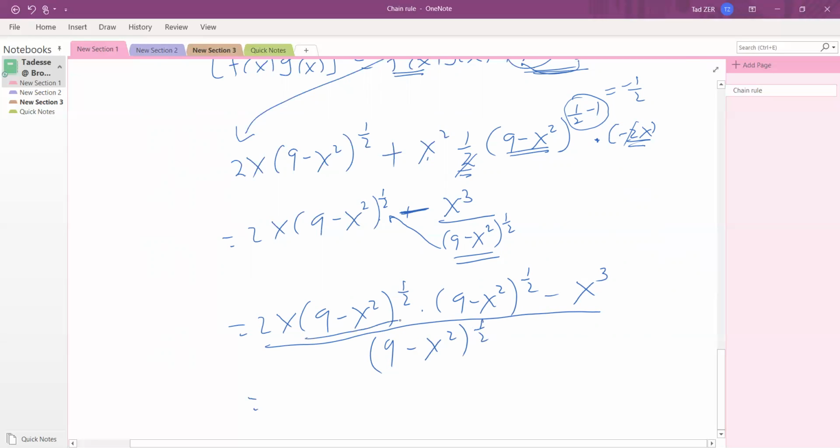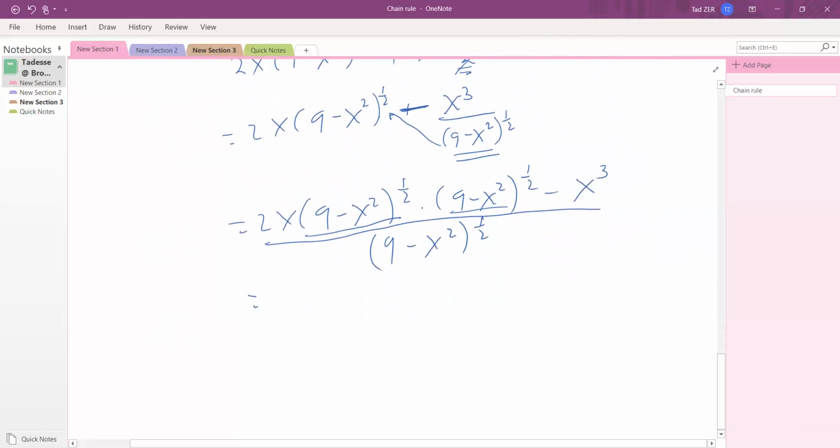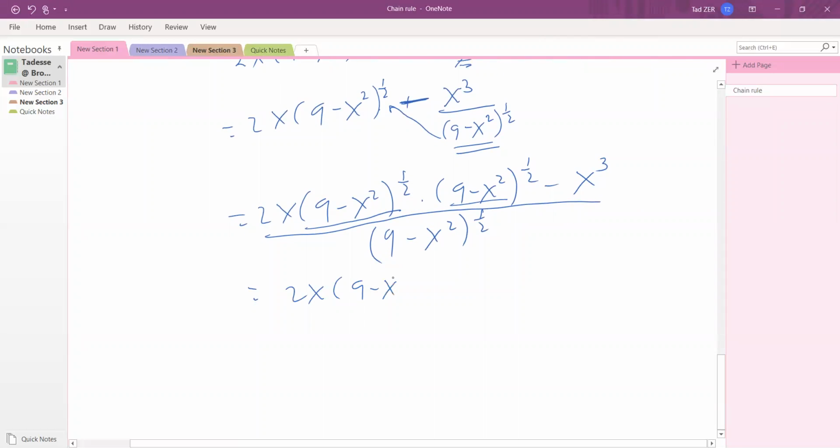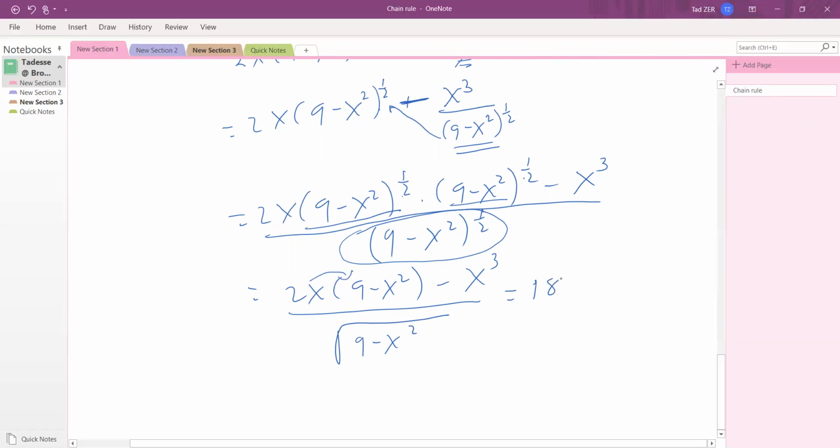So 9 minus x squared to the power of half times 9 minus x squared to the power of half becomes 9 minus x squared, because half plus half is 1, the same base and you add the exponents. Then minus x cubed, and I'm going to write this using radical notation instead of rational exponent notation. So half means radical 9 minus x squared. If you distribute this, now it becomes 18x minus 2x cubed minus x cubed divided by radical 9 minus x squared.